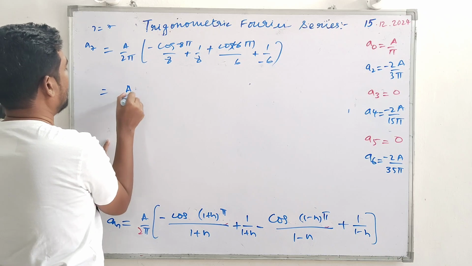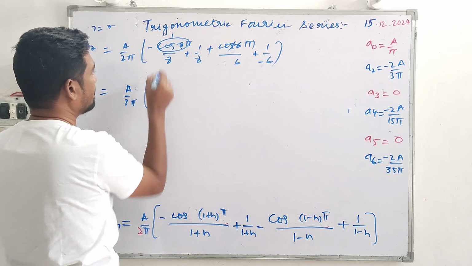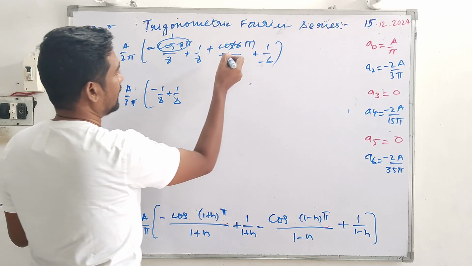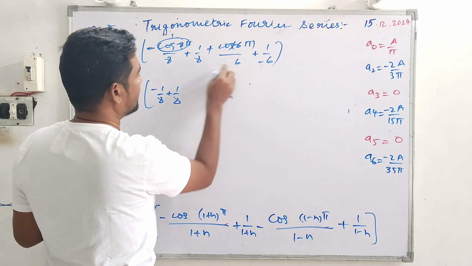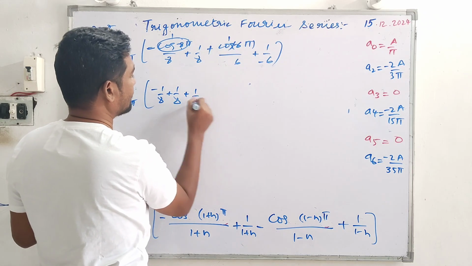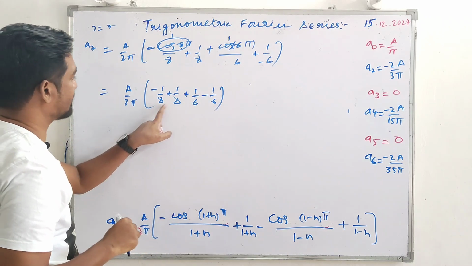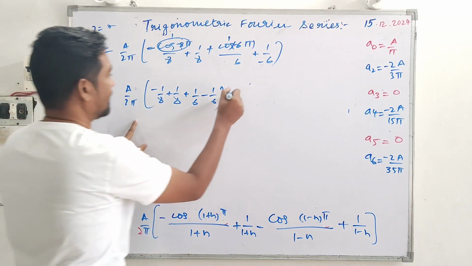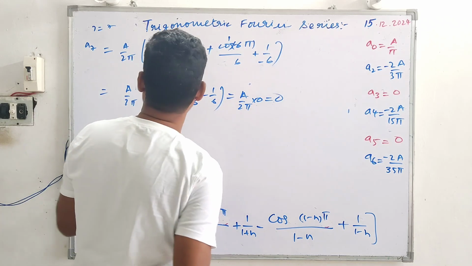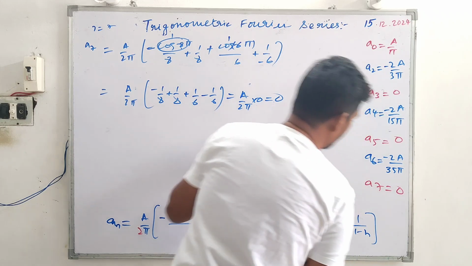And what else? A by 2 pi, what justification? It's an even pi, so we have 1 over here, and we have negative, minus 1 by 8 plus 1 by 8, and what do we have? It's an even pi, so it will be 1 only. So plus 1 by 6, we have a negative, minus 1 by 6 over here, and minus and plus get cancelled. A by 2 pi is multiplied with 0, resulting in 0. So A7 is also found out to be 0.